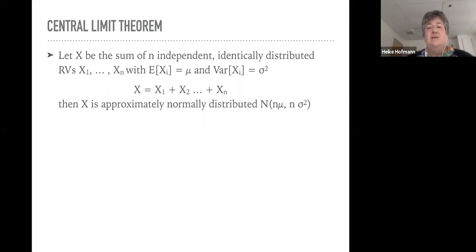We just need to know that they are identically distributed, so they have the same distribution. Then the sum of them is approximately normal distributed, and the distribution parameters are given as n times the expected value and n times the variance.